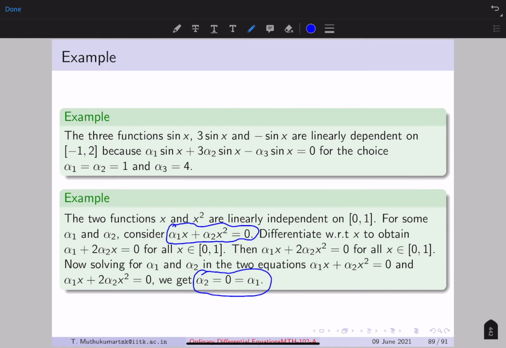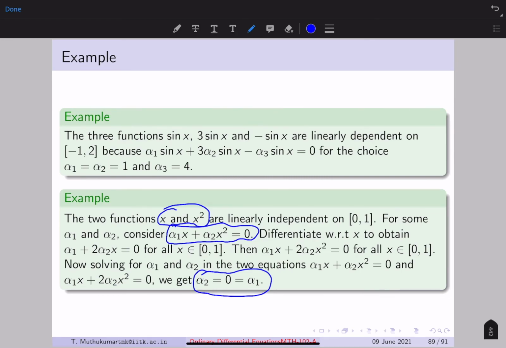It cannot happen for non-zero scalars, which means these two sets are linearly independent. The difference between x and x square is the degree. A simple way to remember this is that when the degree is changing, the set becomes linearly independent.